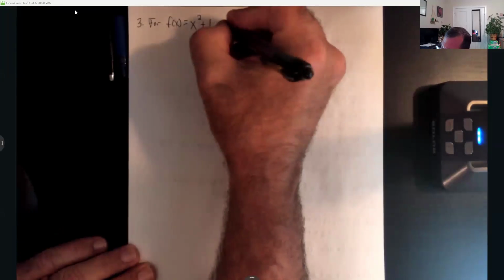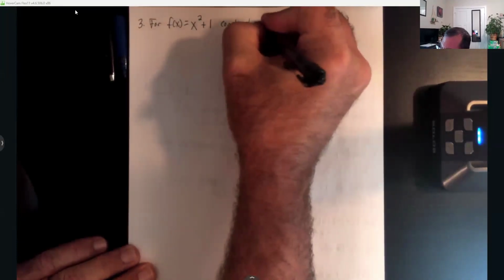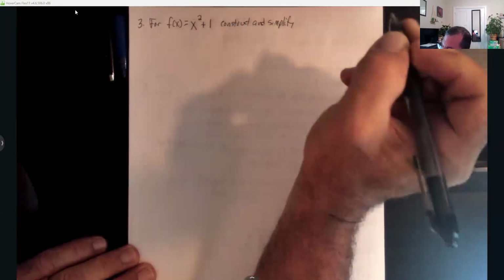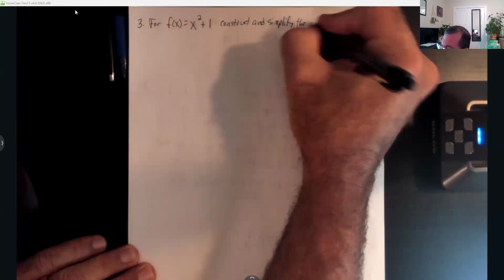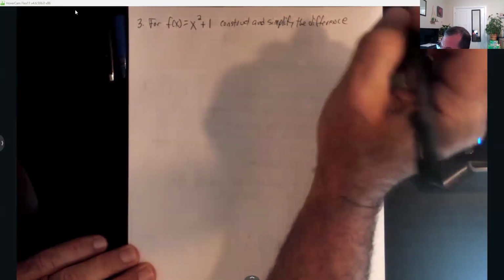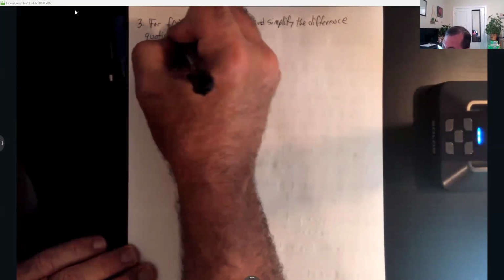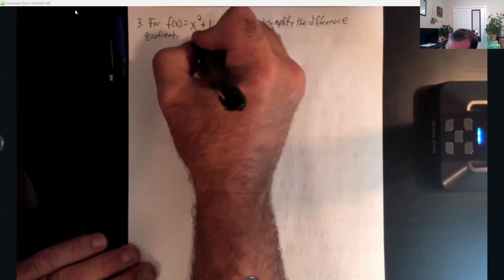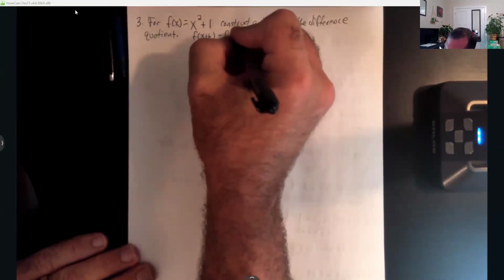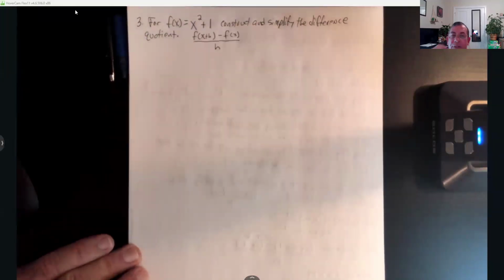Construct and simplify the difference quotient. So I'll write it one more time. F of x plus h minus f of x all over h.